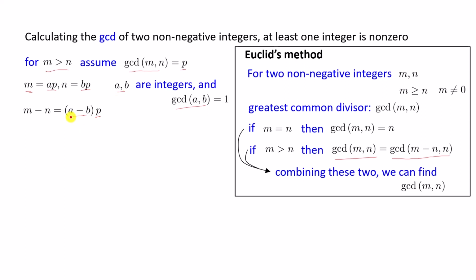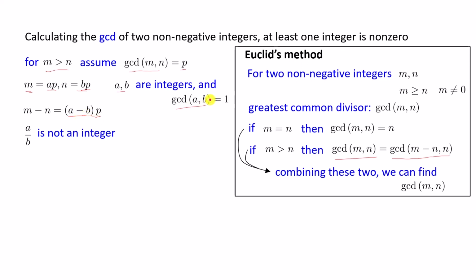Now you see that between m minus n and n, if we compare, n is bp and m minus n is (a minus b)p. p is the common part there. a and b are integers and there is no common part there because their GCD is 1. So I cannot divide a by b or b by a and get an integer.